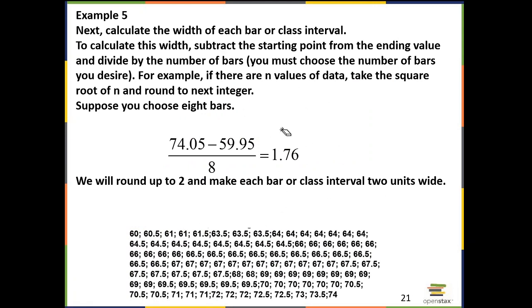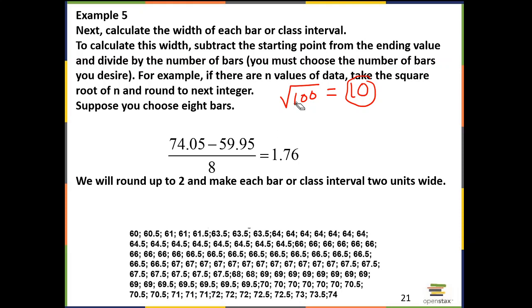Now, how many bars do we want? There is no standardized rule, but basically take the square root of how many numbers you have. That's a pretty good number. You can round up or round down if you don't get an integer. We have 100 numbers, so 10 is good. In this case, we use 8.